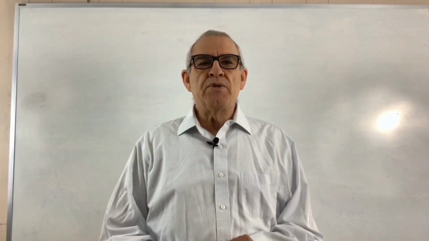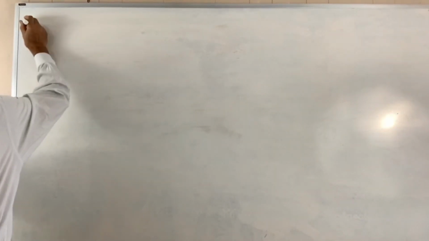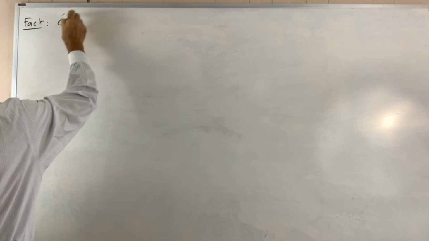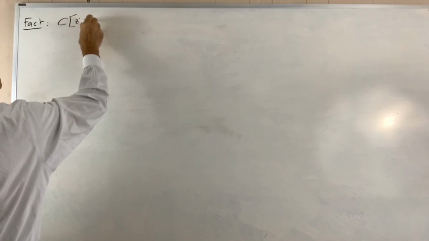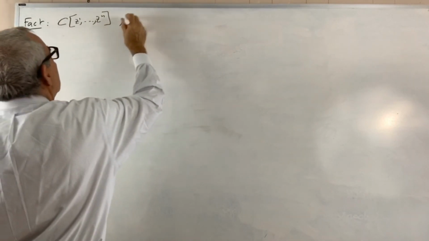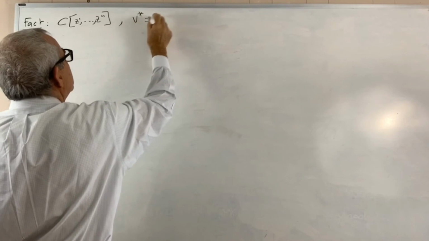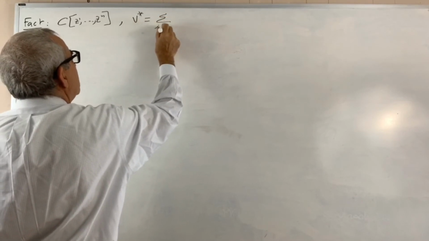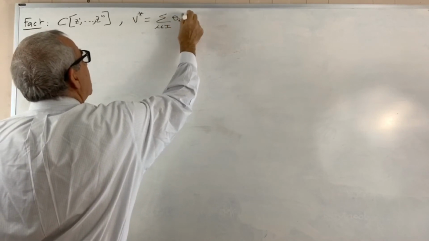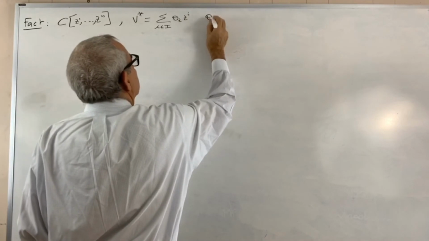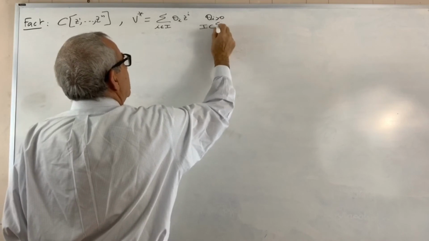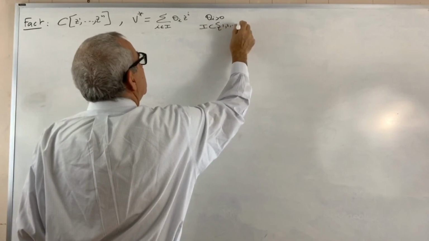So let me conclude this section with this fact. So we have a cone C, any cone, okay, and a point in this cone. I'll write it like this: sum over i belonging to a set I of theta i, Zi, where theta i is strictly positive, okay, and I is inside the set 1, 2, ..., n.